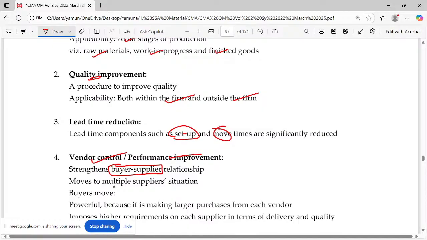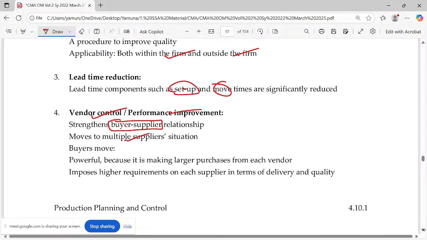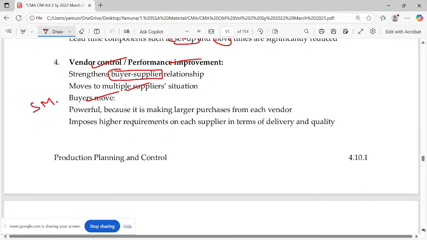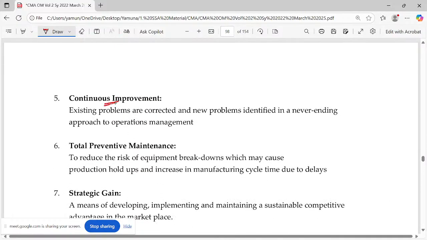Buyer and supplier relationship, and how they move in multiple supply situations. How we talk about buyers is all simple strategy management, Porter's five forces model. The same thing we're discussing. Then continuous improvement is obviously needed: sometimes existing problems have to be corrected and we find new problems, and those new problems have to be corrected, then we find new problems again.